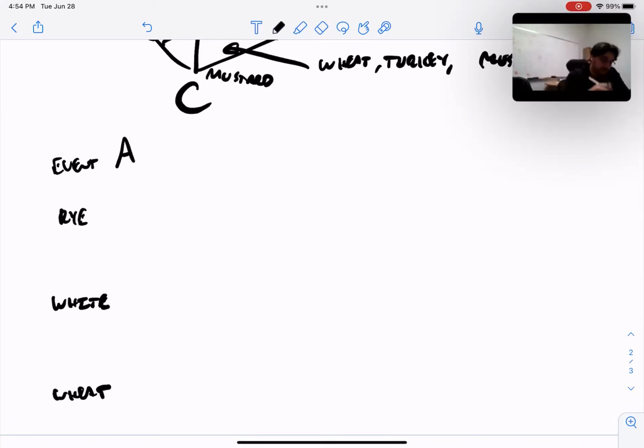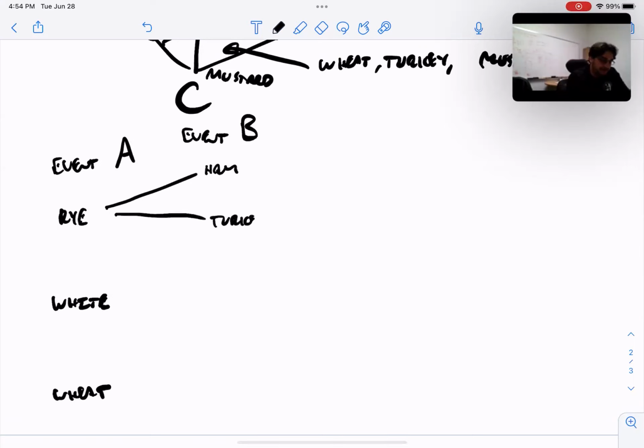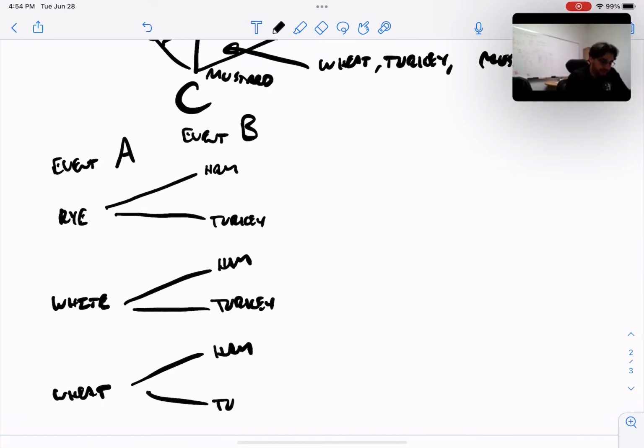Now these I'm going to mix and match in every possible way with the options for event B. Event B tells me that from my rye, I could pick ham or turkey. From my white, I can pick ham or turkey. And from my wheat, I can pick ham or turkey, right?